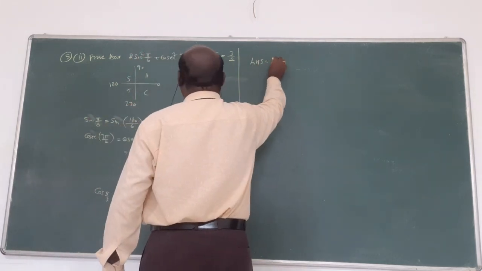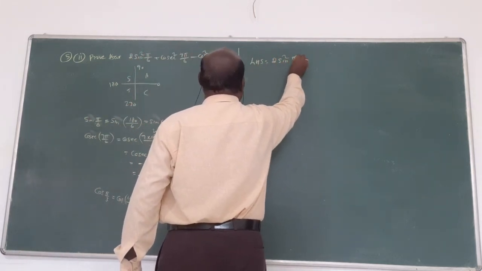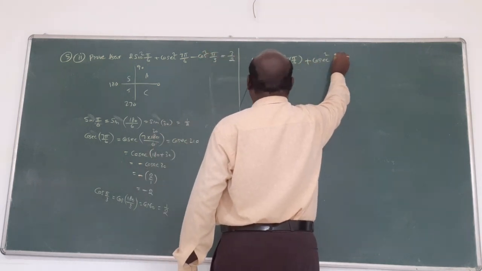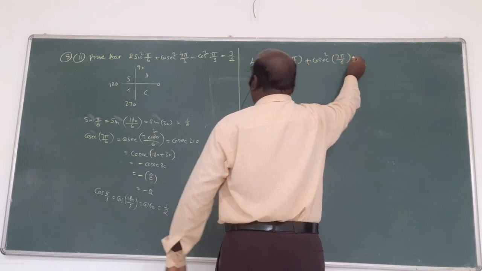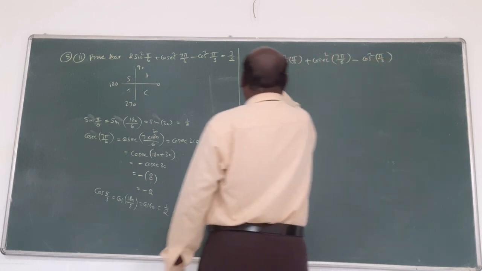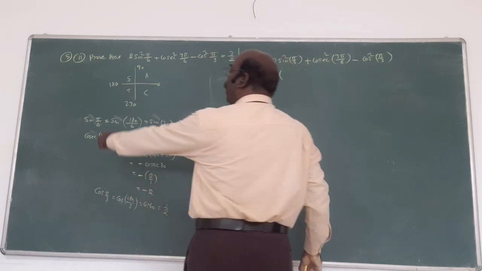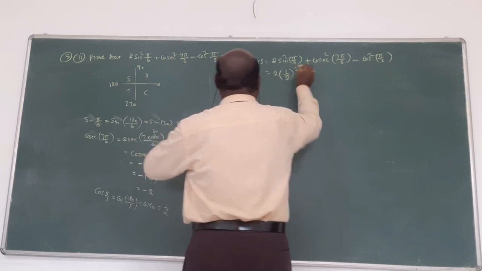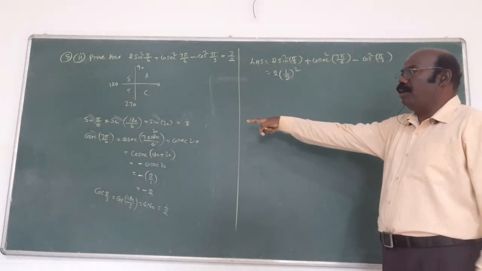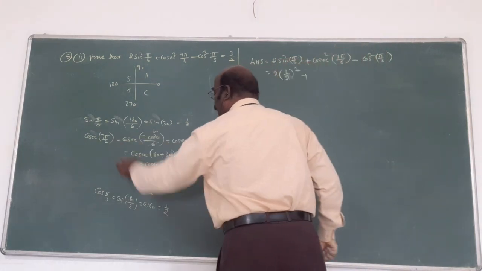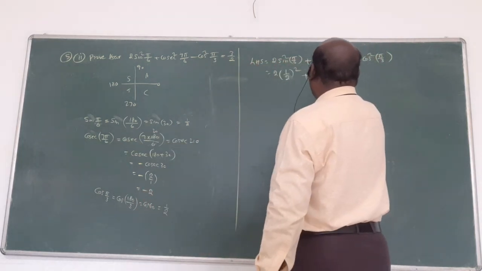LHS equals 2 into sin square pi by 6 plus cosecant square 7 pi by 6 minus cos square pi by 3. Now sin pi by 6 is 1 by 2, 1 by 2 whole square. Am I right? Plus cosecant 7 pi by 6 is minus 2, minus 2 whole square.